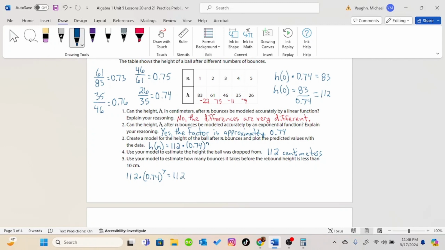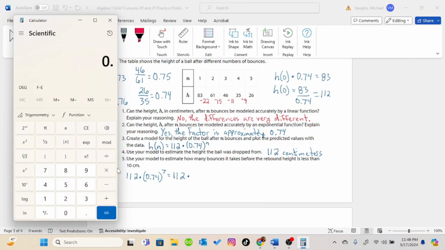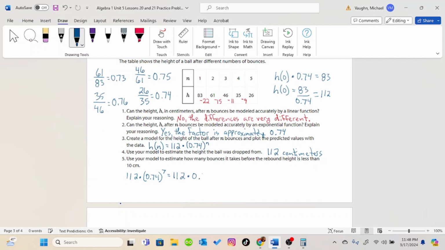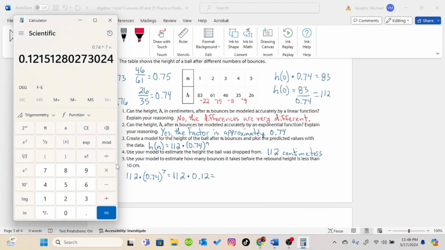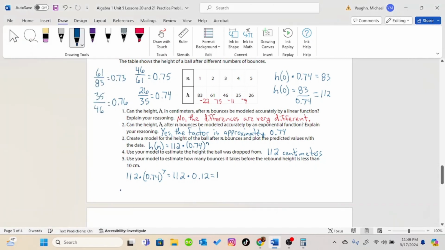This would be 112 times, we're going to do the exponent part first, 0.74 to the 7th power, and that is about 0.12. And we multiply that by the original 112, and we're at 13.6.